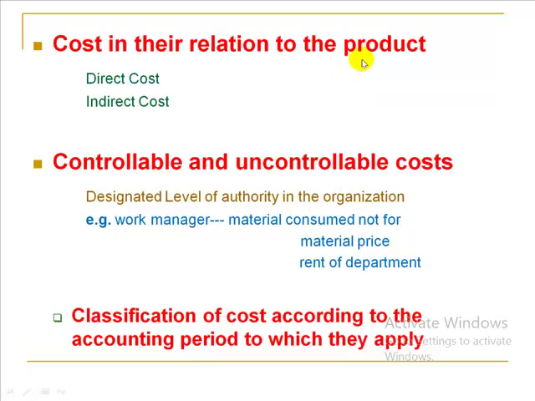Now the direct cost of the chair may be, say, wood and steel, right? That is direct material cost. And direct labor cost means the salaries and wages paid to the carpenter. So that is the direct cost. Whereas the indirect cost means indirect material, indirect labor, other overheads. So indirect material of a chair may be what? Suppose the nails which we have used in manufacturing a chair, the color or the glue.